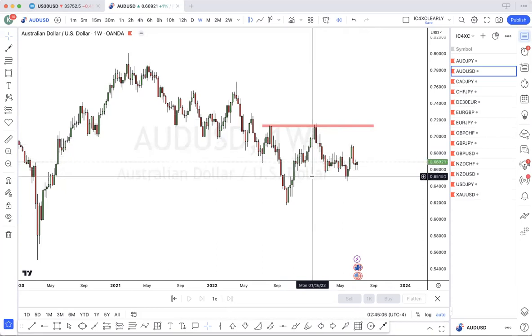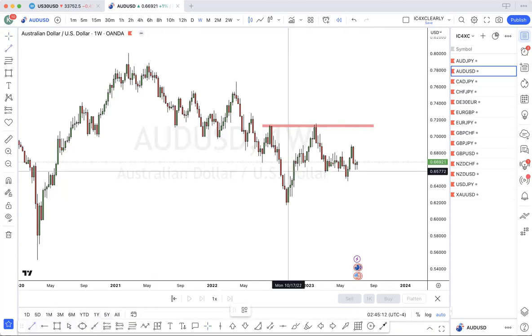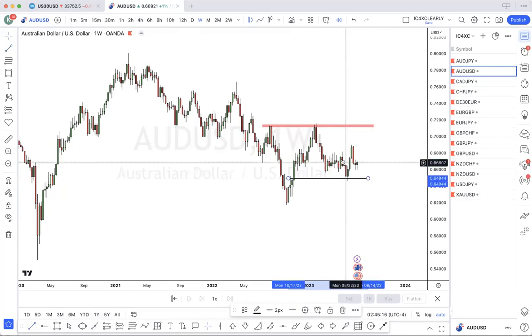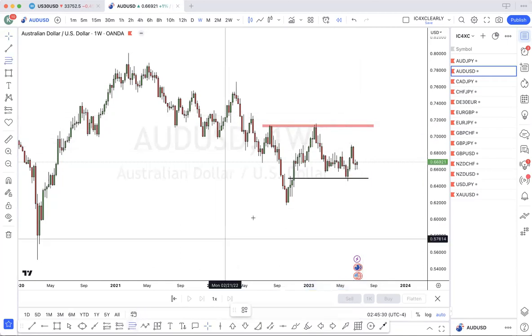Price pulled back to close this imbalance and started breaking structure to the top side. So we have a pullback to this imbalance for a possible continuation to the top side.